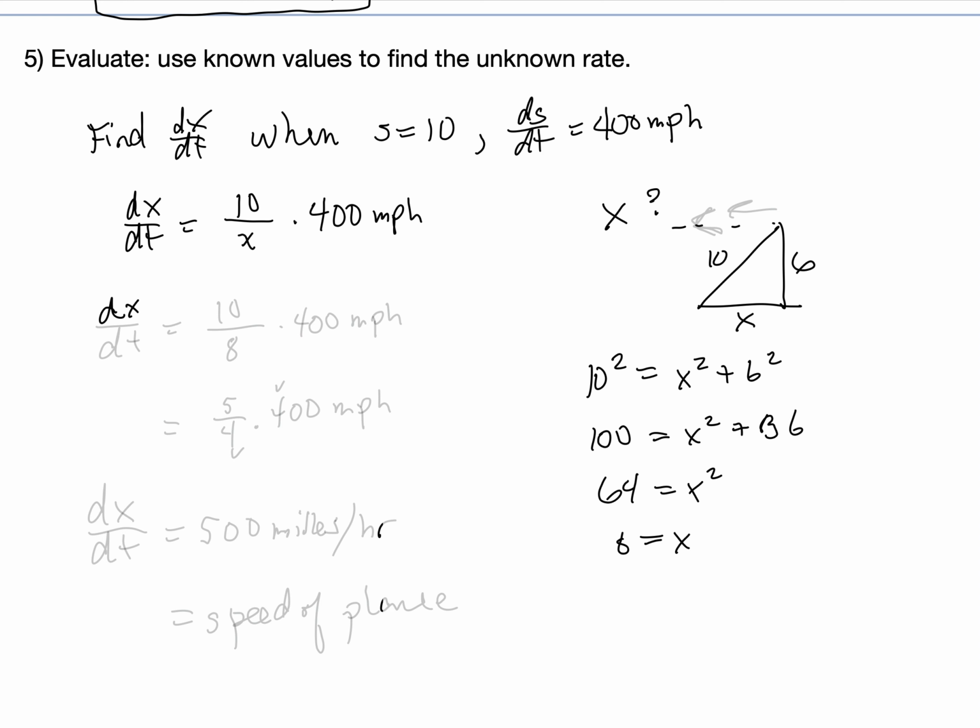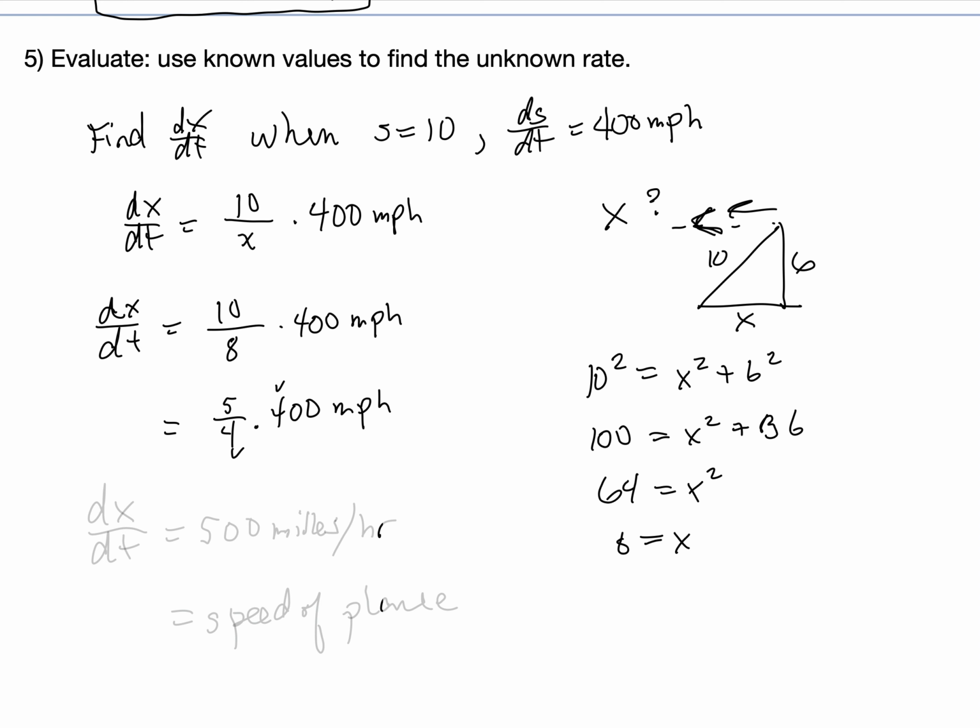So dx/dt, the rate at which the position of the plane is changing, is equal to 10 over, at that moment in time, x is 8, times 400 miles per hour. So that's the same thing as 5 over 4 times 400 miles per hour.